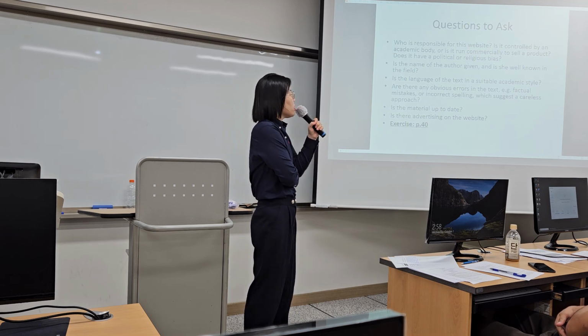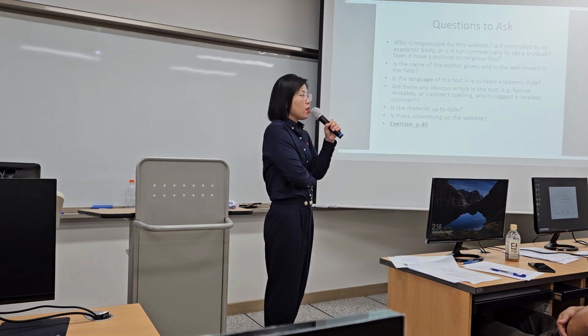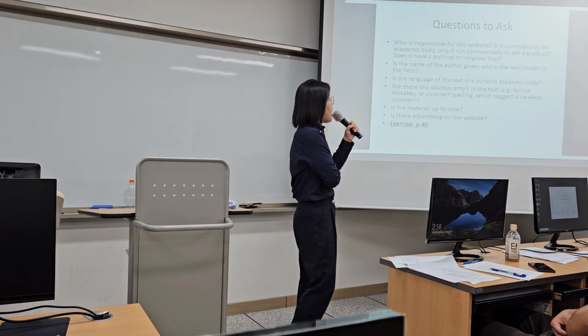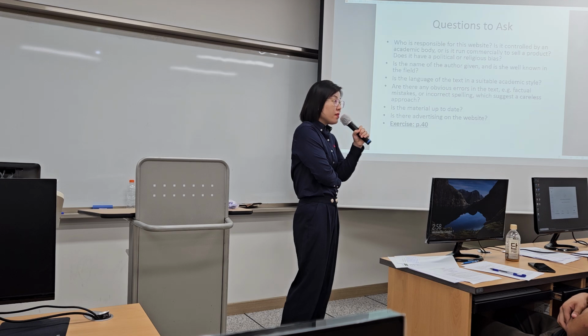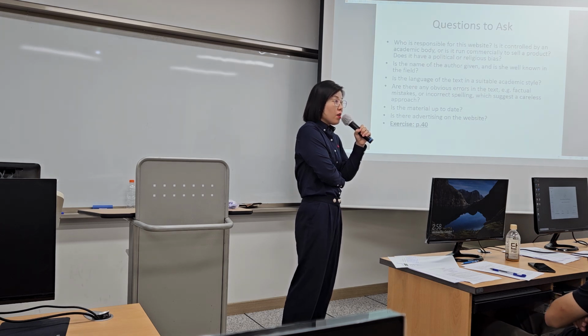Right, so if you were to see whether the online sources that you're looking at are reliable, then you basically have to see the author of the website. In a lot of cases, the author of the materials written on the website is not very clear.